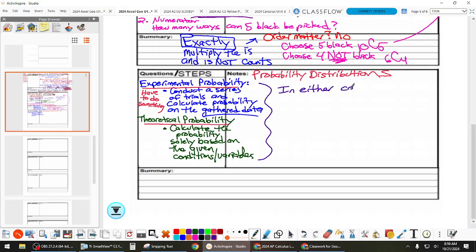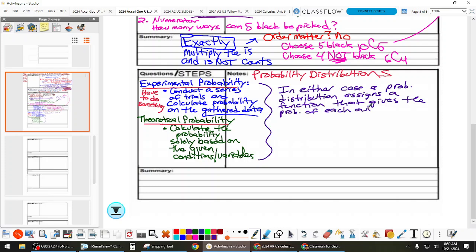In either case, a probability distribution assigns a function that gives the probability of each outcome in the sample space.